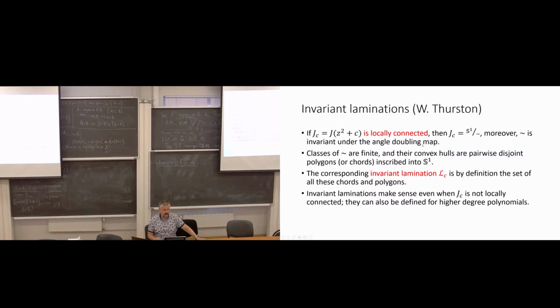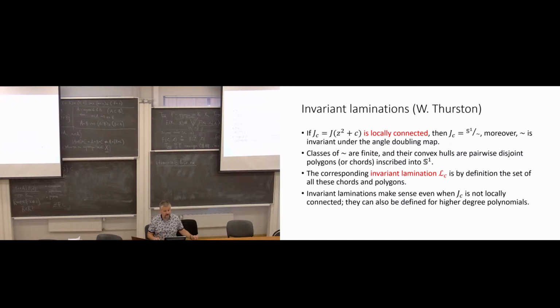So if it's locally connected, then you can show, well, it may not be obvious, but just believe me, that it can be represented as the quotient of the unit circle by some equivalence relation. And this equivalence relation is invariant under the angle-doubling map in the sense that if you have equivalent points, then the images are also equivalent. And you can also group their pre-images so that they will be equivalent.